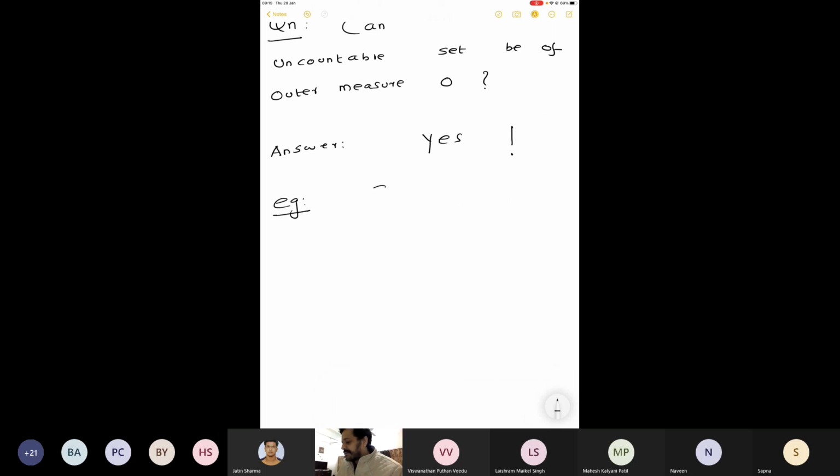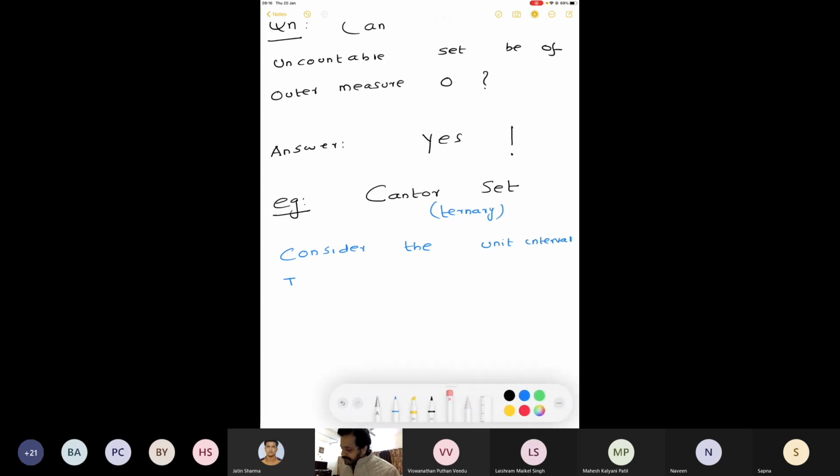Example, Cantor set. Let me quickly recall what the Cantor set is. To be specific, the Cantor ternary set. There are several types of Cantor set. Consider the unit interval, I will call it E naught.